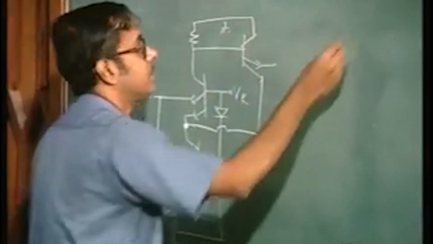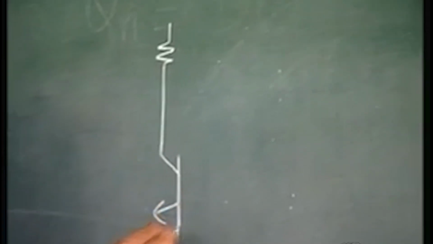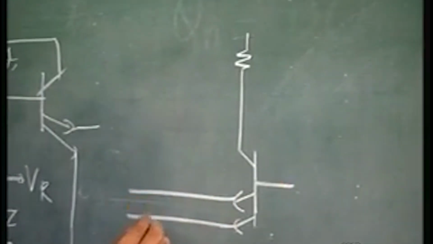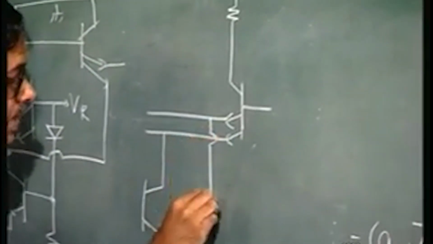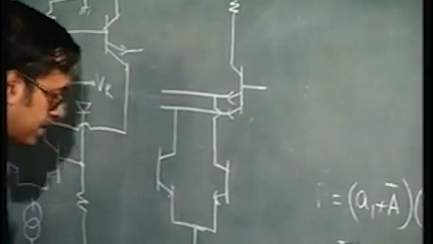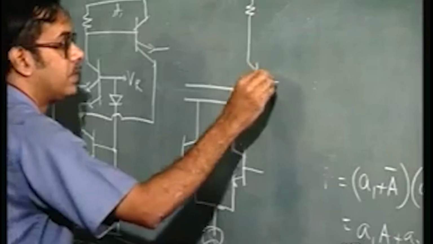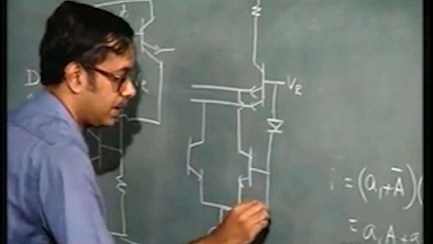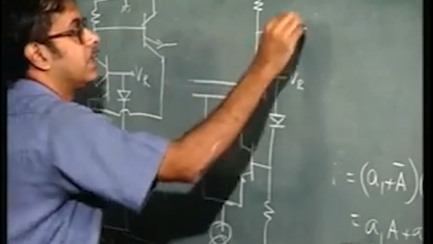So, you have a similar gate. So, this minus VEE is drawn here. This is VR, and again you have this. Now, here is the output.